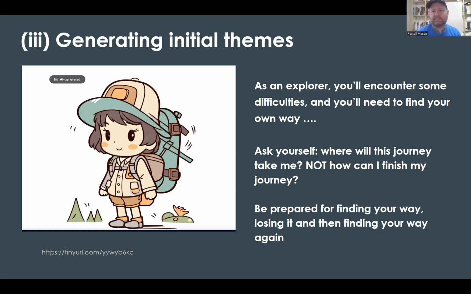So don't be thinking, how quickly can I finish this? How quickly can I move to the next stage? You need to tolerate some ambiguity, perhaps. You need to tolerate some uncertainty. You need to be open to the direction that this process of analysis is going to take you in, and you will get better results as a consequence.